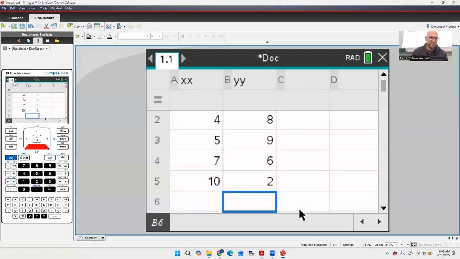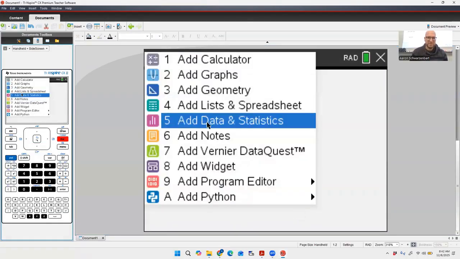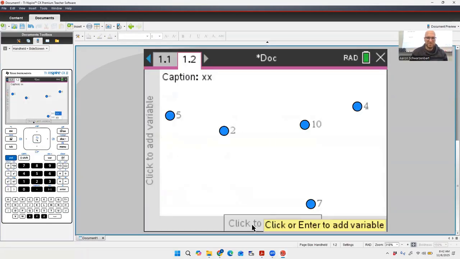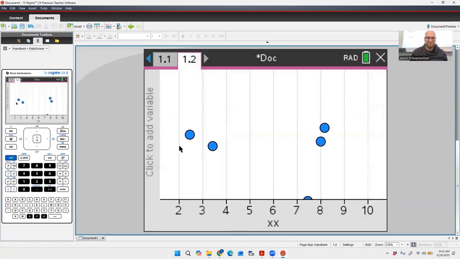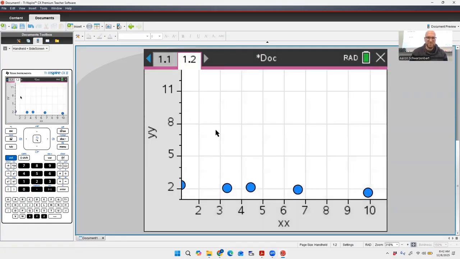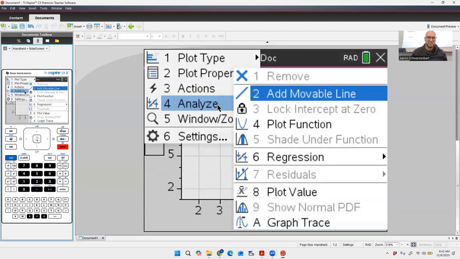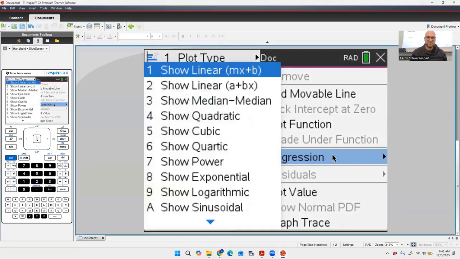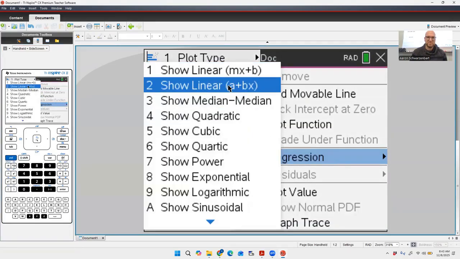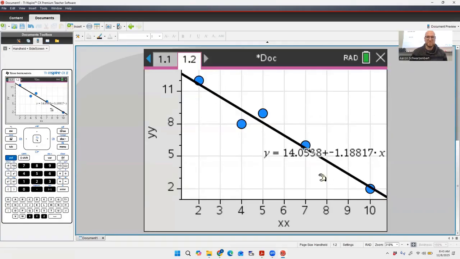So I've put in some random points. I'm going to make a data and statistics graph. I've made my regression.